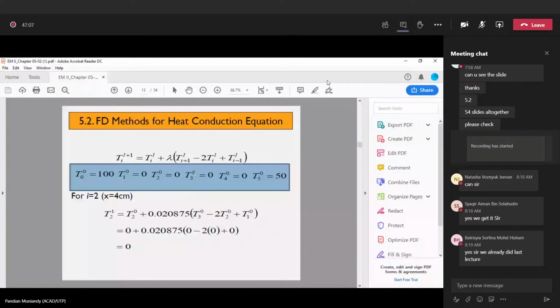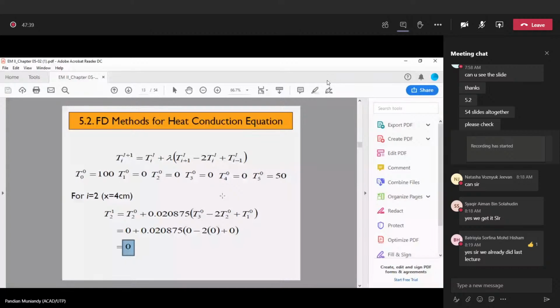Take this value, put it here, 0. And then minus 2 T superscript 0 subscript 2, 0, and then T superscript 0 subscript 1 is 0. So you calculate all this, it will turn out to be T superscript 1 subscript 2 equals 0. So for I2, the temperature T superscript 1 subscript 2 is 0.